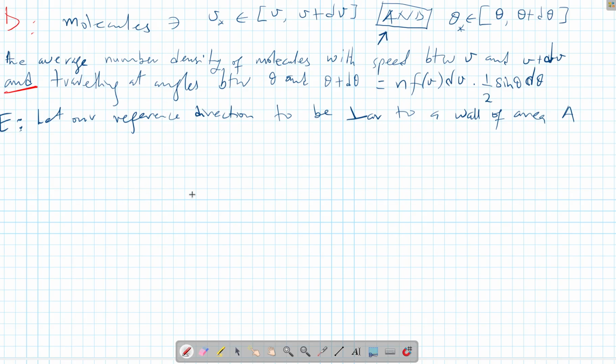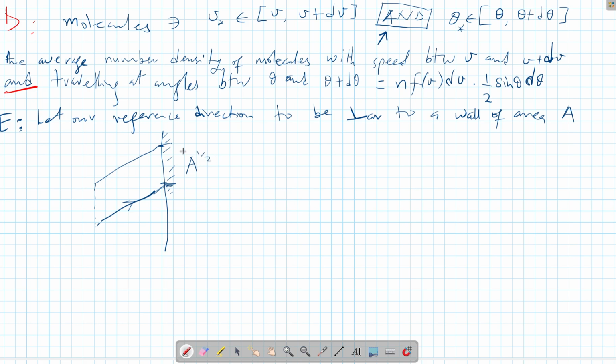Yeah, so I can sketch somehow. Let's consider something moving here, and supposing this is the wall under consideration. So if this is the wall, and the area, we consider this from here to here.